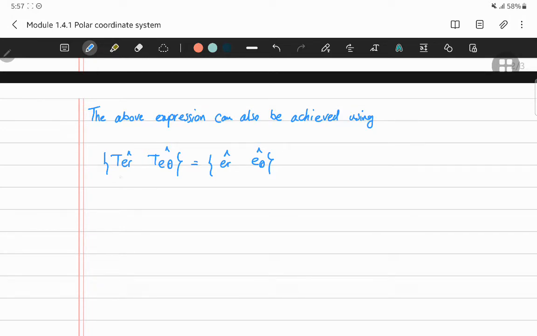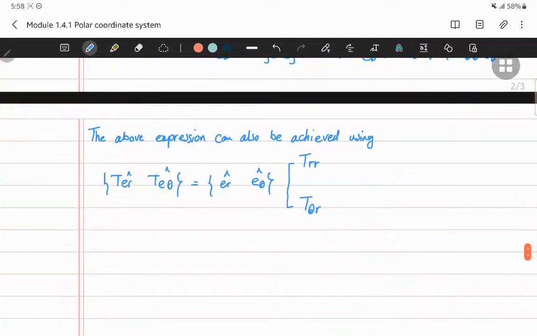So we are going to transfer these two to the T(e_r) and T(e_theta). Then we had here T_rr, and T_theta_r, because we said that we fill these tensors in the matrix form by column. And then we have T_r_theta, T_theta_theta.